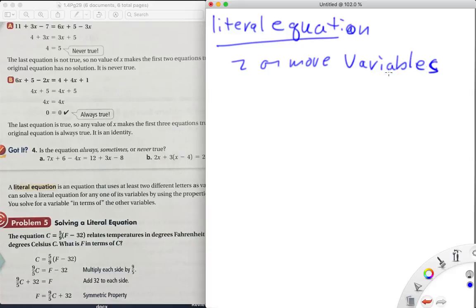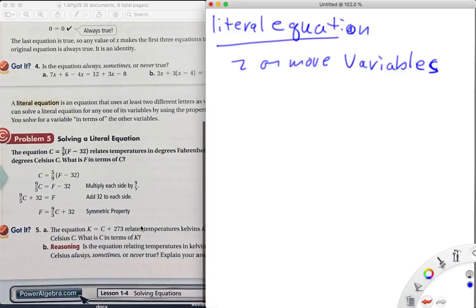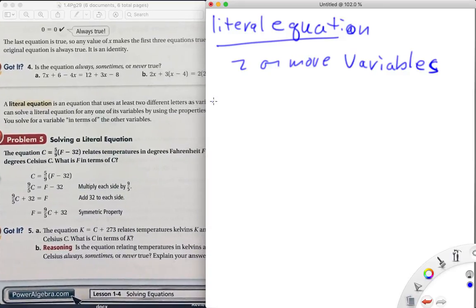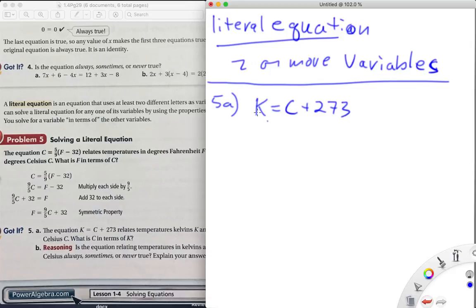So in the case of this one, for 5a, they say K is equal to C plus 273. K is for Kelvin, so this is temperature. C is for Celsius. Kelvin is Celsius plus 273.